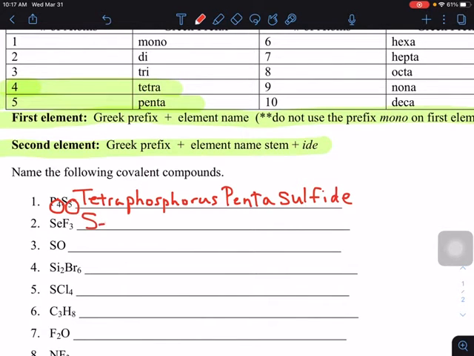So we don't say monoselenium, we just say selenium. And then we have 3 as a subscript on the fluorine. That would become tri, because tri is 3, right here. Trifluoride.